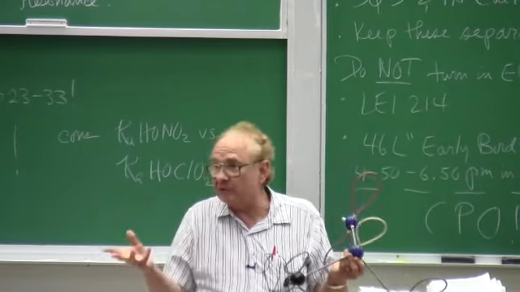Perchloric acid. It's the strongest known mineral acid. Mineral acid means it's derivable from minerals that you find in Earth's crust. No more, no less. Okay? Perchloric acid, that's one dandy strong acid. Got a Ka value that's something like 10 to the 60.